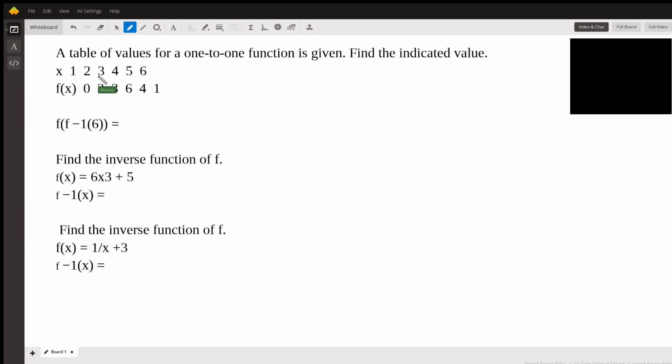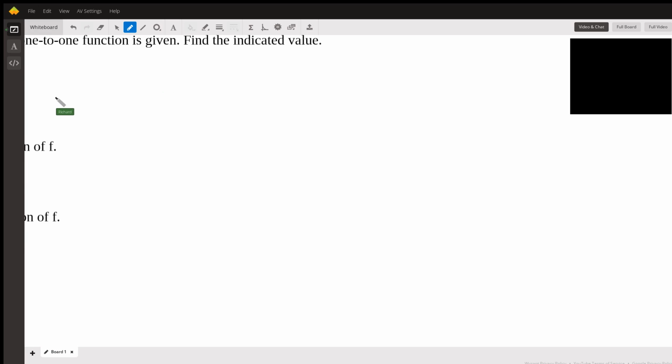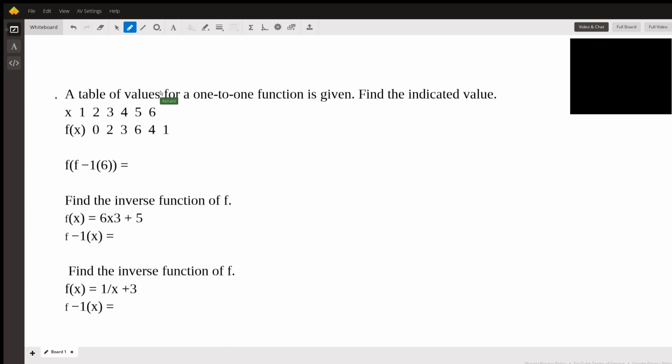Okay, the first thing they're testing up here is an XY table. So this is an XY table for f of x, the original.